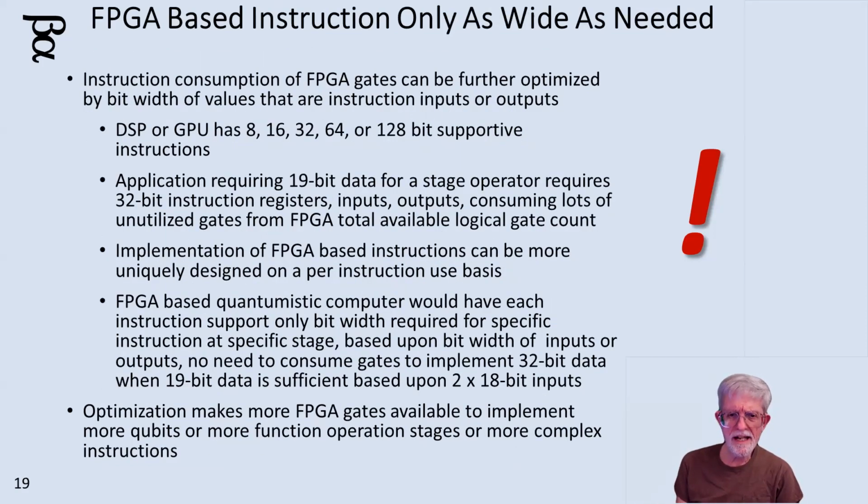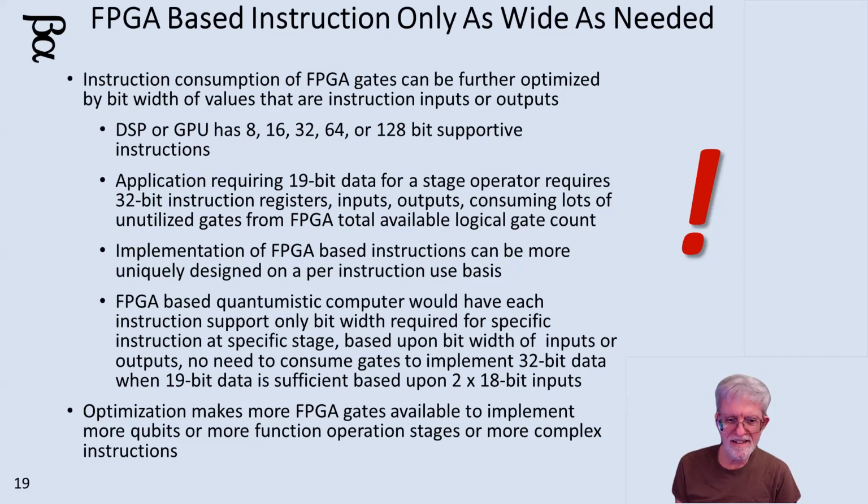I mentioned that you could decompose an arithmetic logic unit, or ALU, library for whatever bit widths you need: 8, 16, 32, 64, or 128. If you're only going to be doing 16 or 8-bit, you don't need to be processing all the other bits. That saves you gates. If you want to do 19 bits worth of data and you're using an off-the-shelf ALU, 19 is greater than 16, so you're stuck processing and storing gates for a 32-bit instruction.